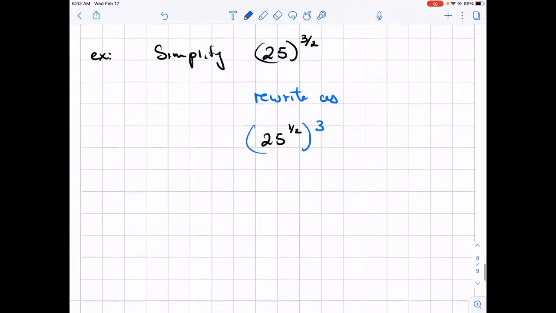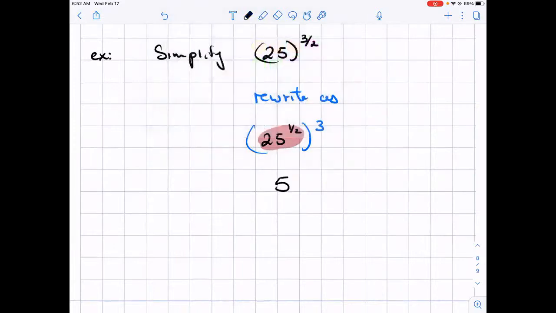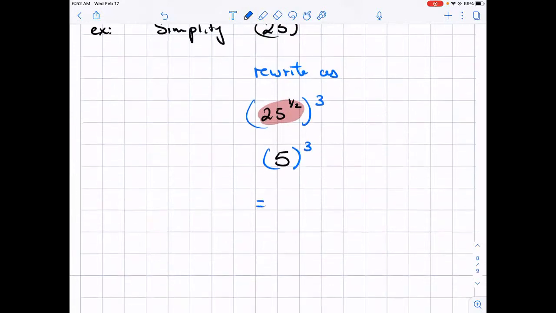And I know 1/2 means square root. The square root of 25 is 5, so this becomes 5, and then I cube that. 5 times 5 times 5 is equal to 125.